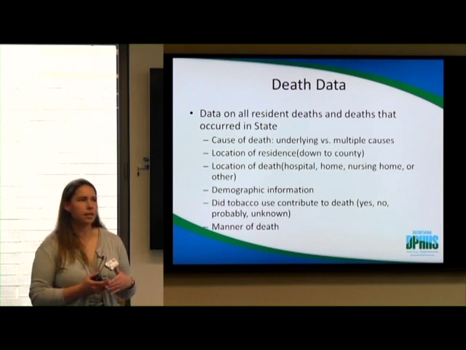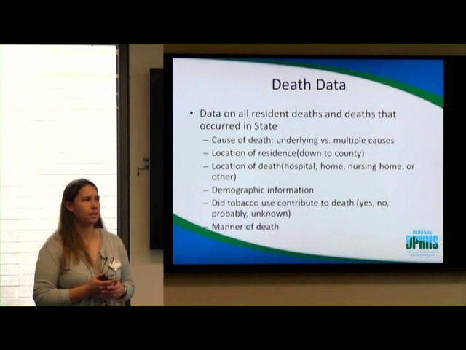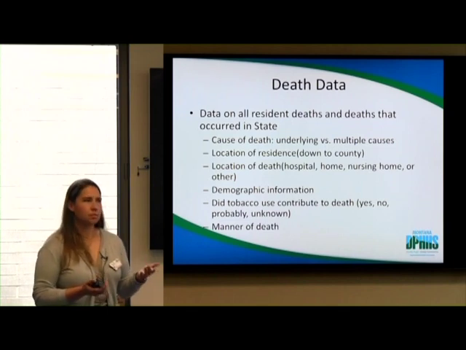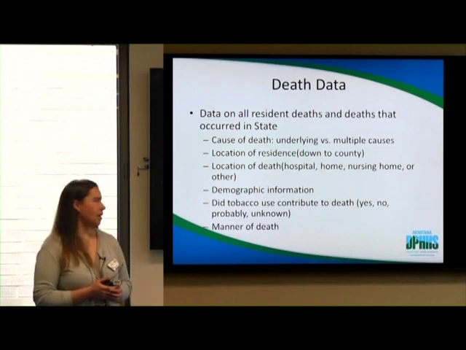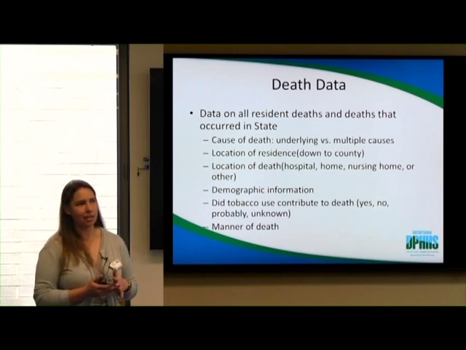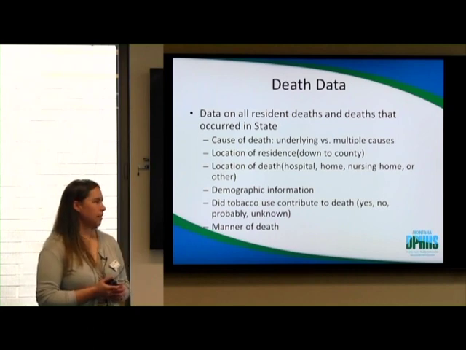So underlying cause of death and up to 20 contributing causes of death, and then your demographic information, as well as some things like tobacco use. Sometimes that's complete, sometimes it's not. And then manner of death, was it intentional, unintentional, was it not known, homicide?